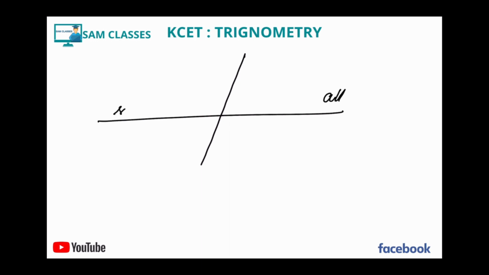Now let's see what about using ASTC, all sine tan cos. How will we find it out? It's very simple. This is my 0 degree, this is my 90 or pi by 2, this is my 180, this is my 3 pi by 2, 270, and this again is 2 pi, and after this it keeps repeating.